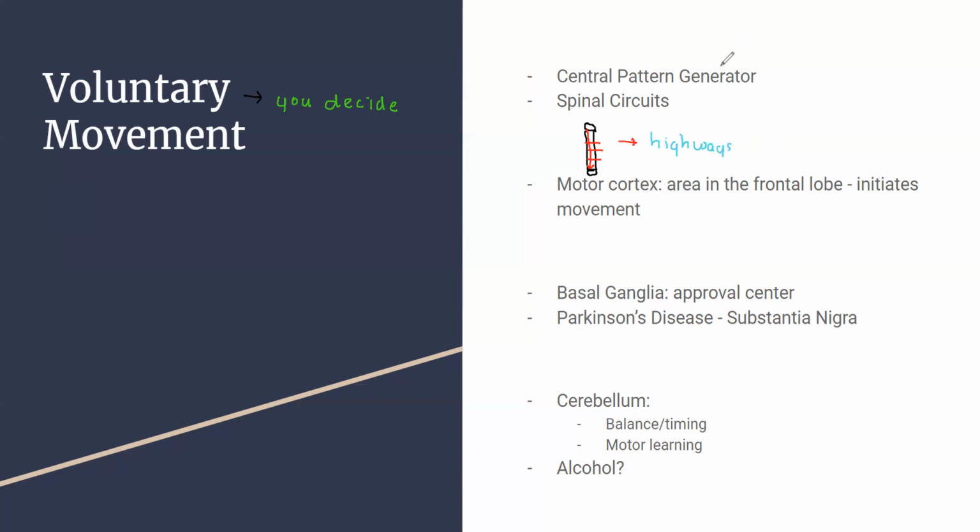Okay. So then let's talk about something called central pattern generator. So in your brain, let's say that this is my brain, right? Cerebellum, brainstem, temporal lobe. Say this is my brainstem. I should have drawn a little bulge. Think of this as a little bulge.